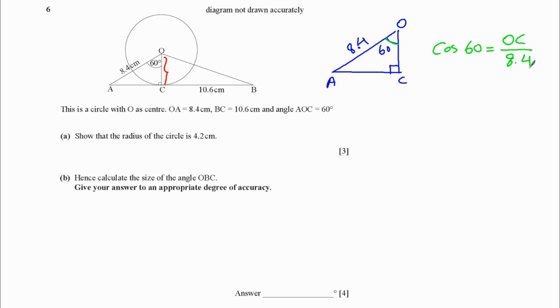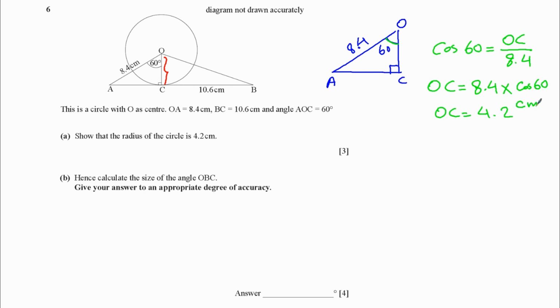So from here, OC would be equal to 8.4 times cos of 60. You need to use your calculator to find this. Cos of 60 is half, times 8.4, so OC would be equal to 4.2 centimeter.